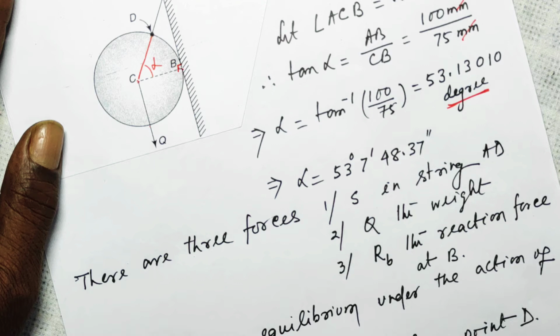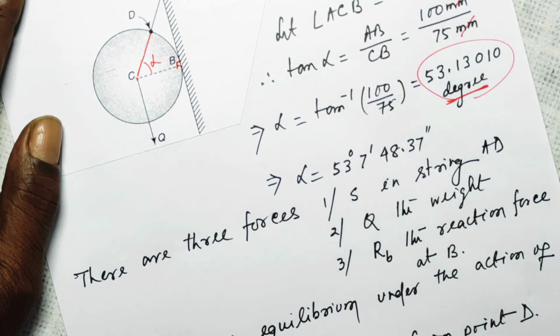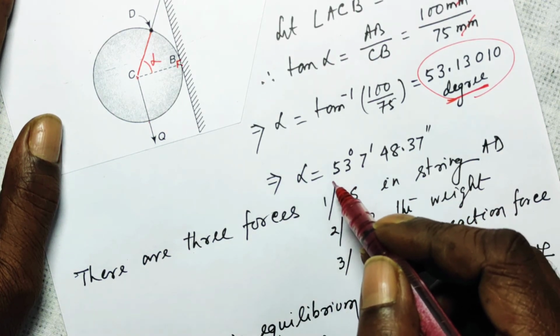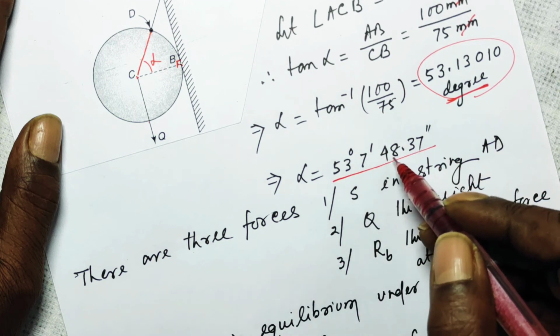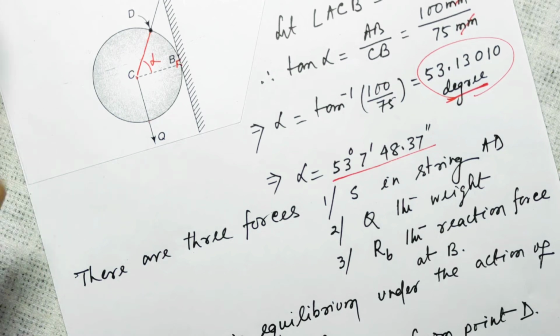And I hope you know how to convert a given degree measure of angle to minutes of arc and seconds of arc using a scientific calculator. Alpha comes out to be 53 degrees, 7 minutes, 48.37 seconds of arc.